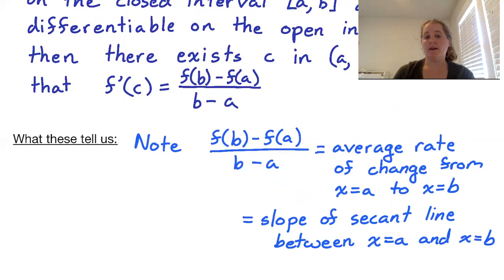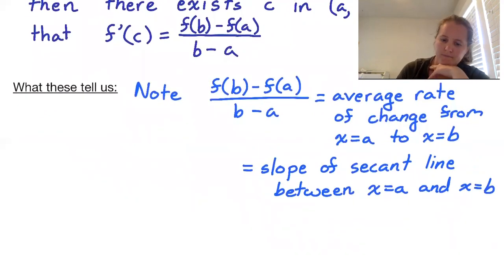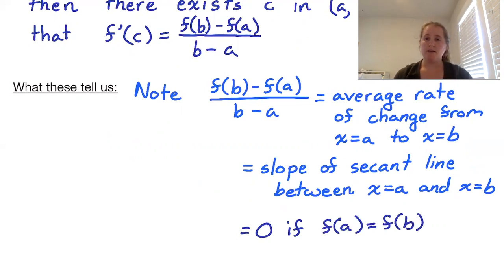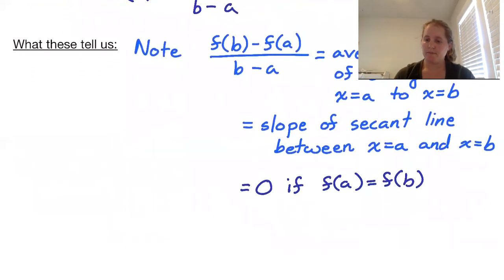In the case of f of a equaling f of b, this is just 0. This equals 0 if f of a equals f of b. So Rolle's theorem is actually just a special case of the mean value theorem.